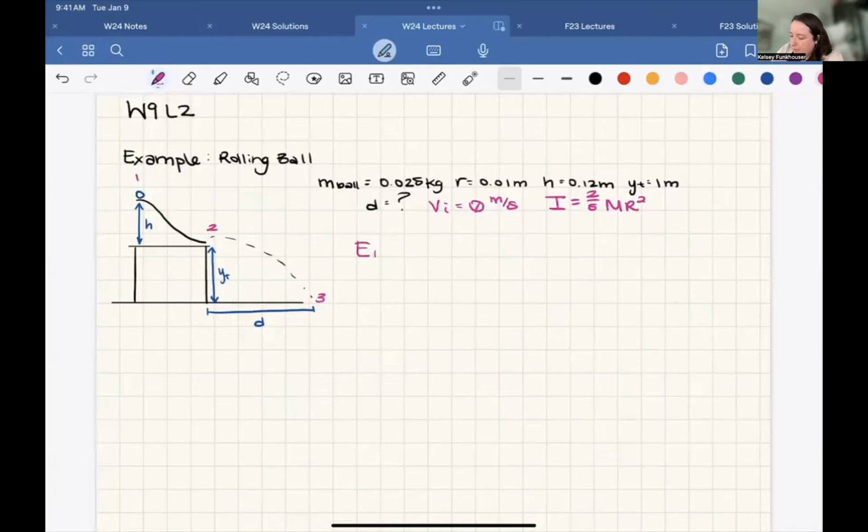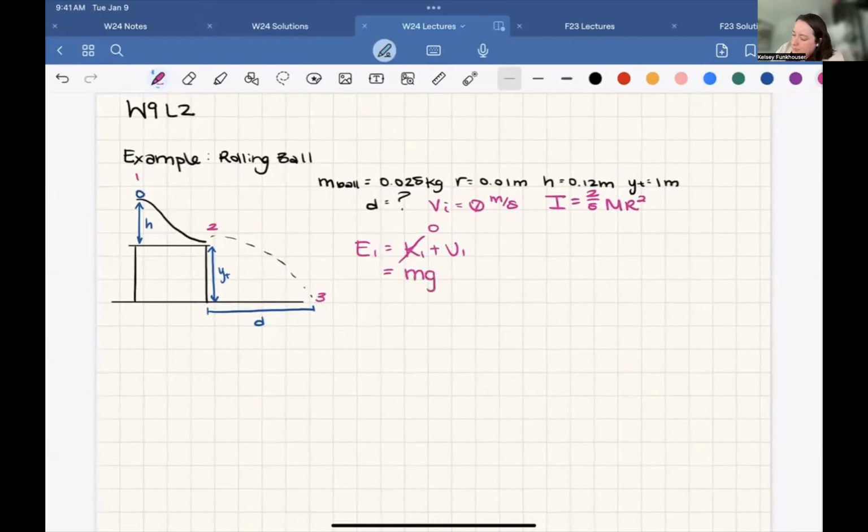So the energy at 1 is kinetic energy at 1 plus potential energy at 1. But the velocity starts out at 0. So this is just mgh, which is the height of the ramp, plus the height of the table. And then the energy at 2 is kinetic at 2 plus potential at 2.